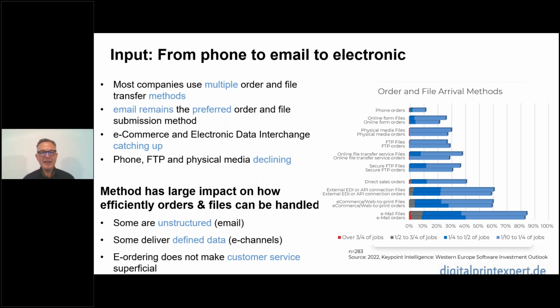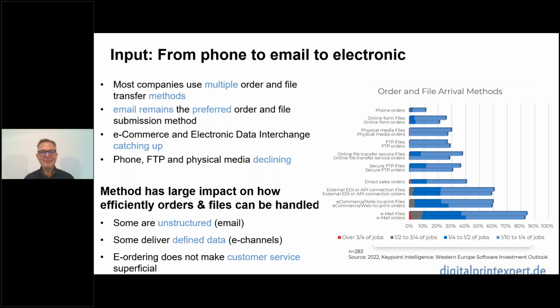What is interesting is that pure electronic channels like web to print or EDI API connections are growing quickly in recent years. So it seems like they're going to take over the leading role at some time in the future.